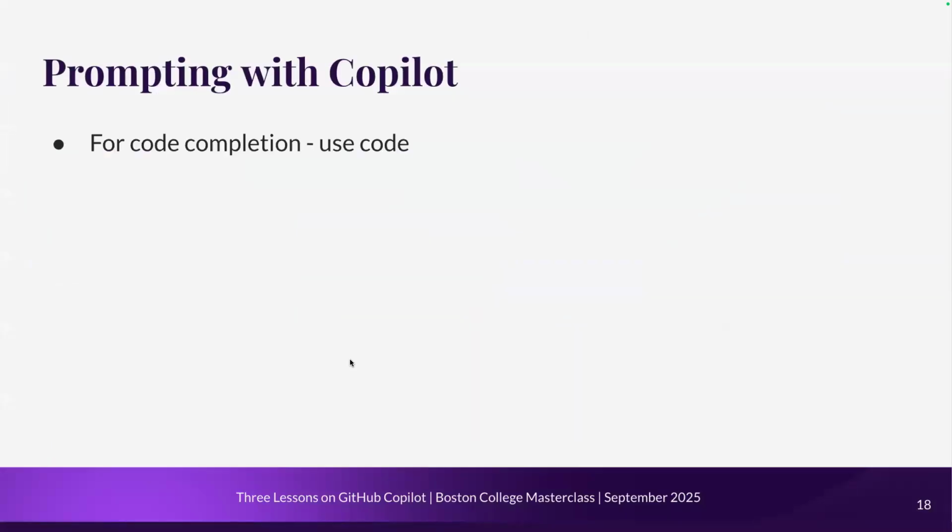So when prompting with Copilot for code completion, use code. We sometimes see practitioners typing comments in their modules that are specifically meant for code completion tools. We don't want to include these comments in our code base. So when we are after code completions, we want to prompt strictly with code.